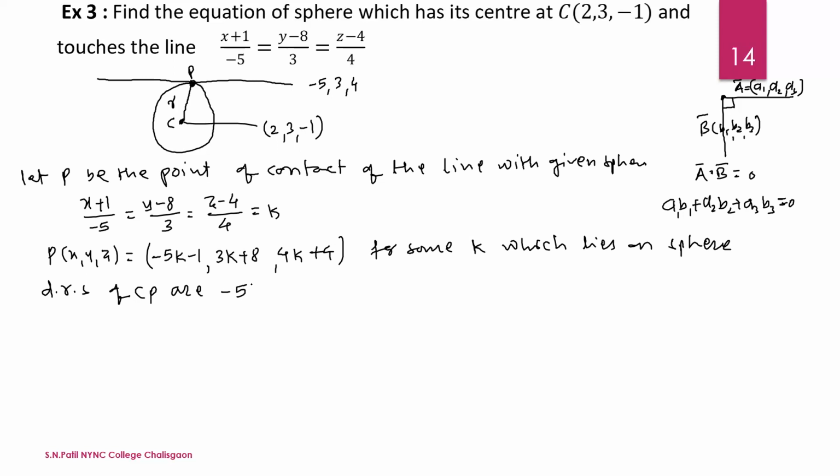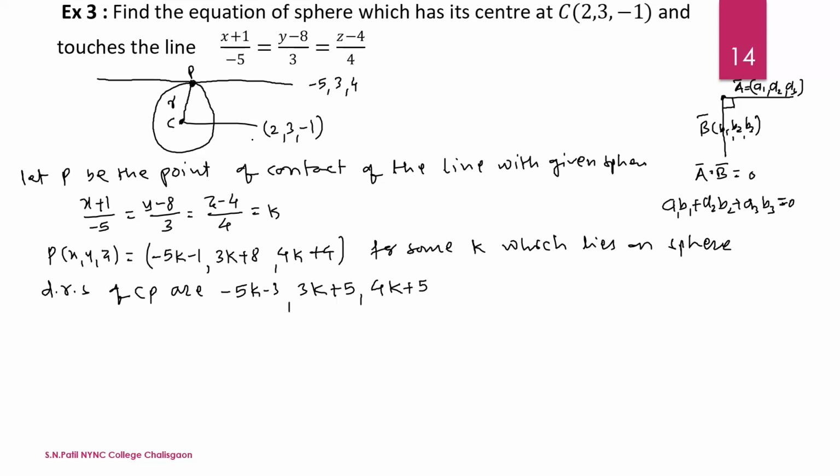That is minus 5k minus 3. Now this minus this, that is 3k plus 8, and minus 3 plus 5, 4k plus 4, and minus plus, that is 4k plus 5. Okay, so these are the DRS of the CP.